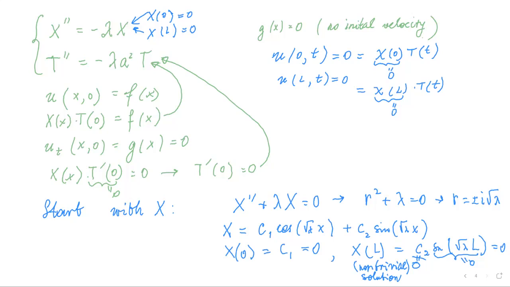Well, you remember that sine is equal to 0 when the argument is equal to what? 0, pi, 2 pi, 3 pi. We already know that 0 is not going to work. It's going to give us, again, the trivial solution from the previous section actually, right? So we are going to set square root of lambda multiplied by L as pi n.